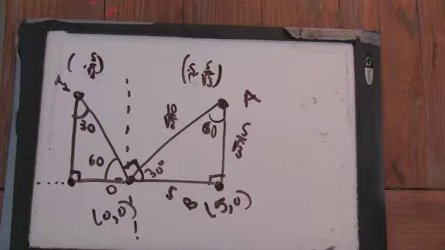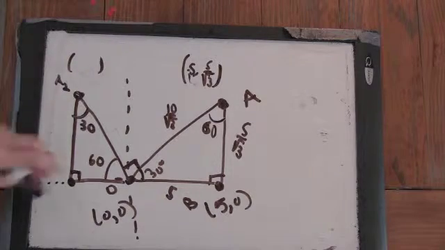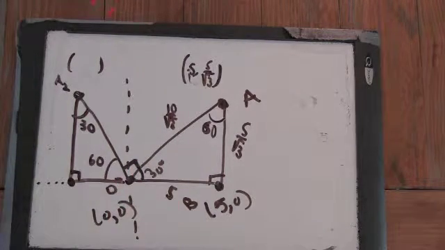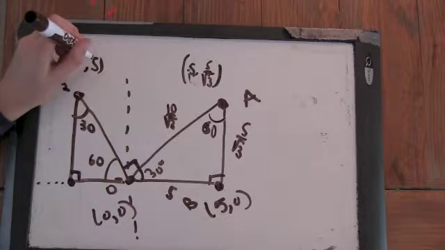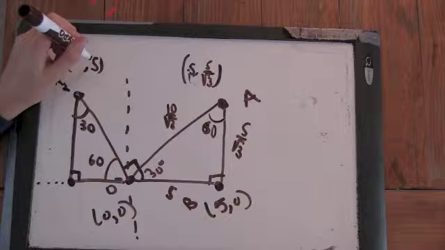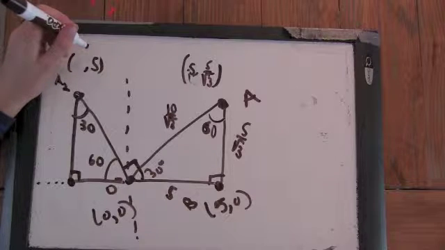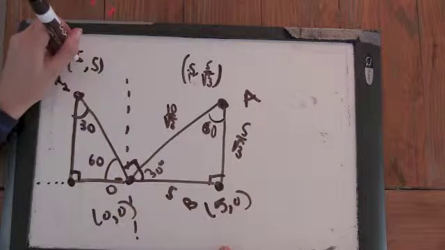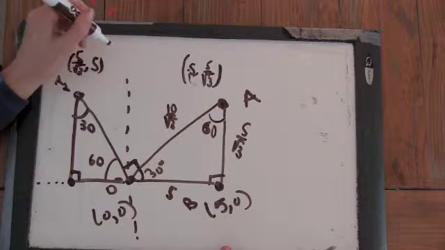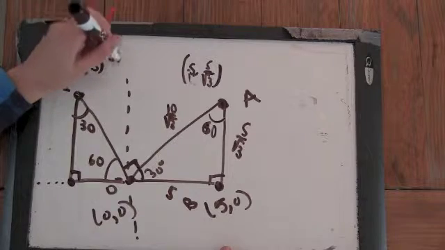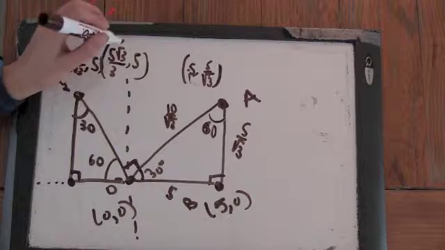So, I think this is the same triangle, just rotated, so that the 5 is pointing up. And then you'll be heading 5 over root 3 over. Okay. Which would give you, they want the coordinates? Yeah. So 5 root 3 over 3, comma 5. That's actually a choice.